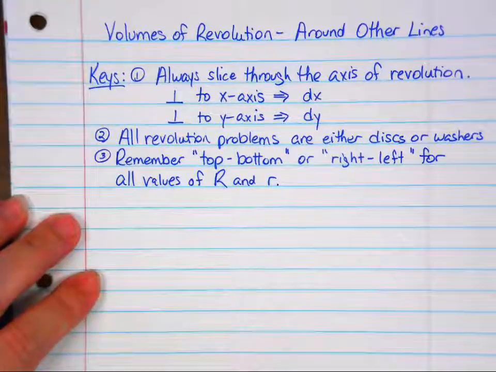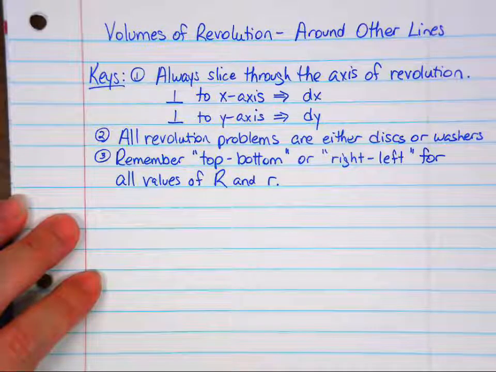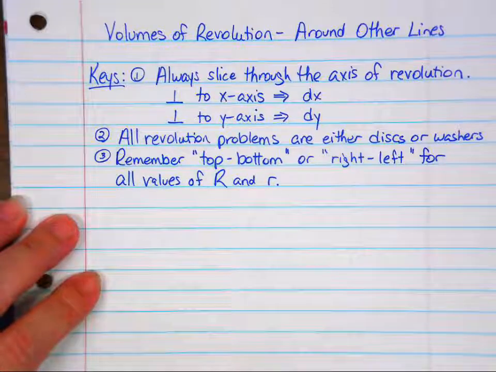What I said about today compared to last time is the fact that the r's are more complicated. Top minus bottom and right minus left are what's going to make or break whether or not you write your R's correctly. And if you don't write your R's correctly, you will get the wrong answer. Guaranteed. Okay? That is a big one.